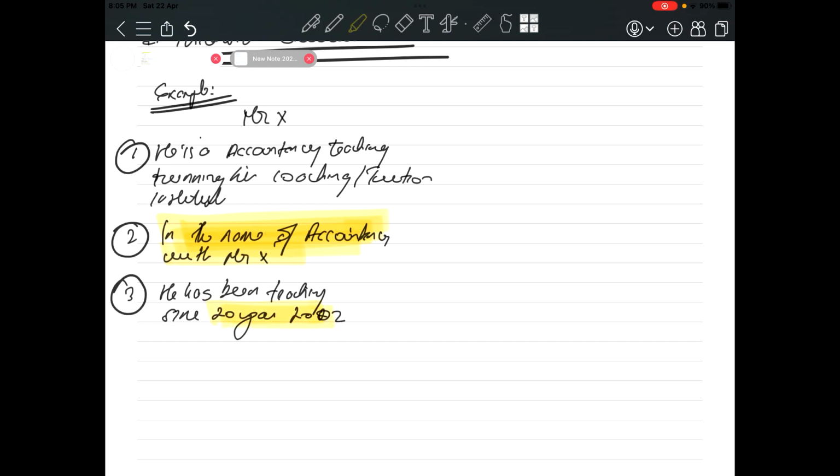So don't you think almost all the accountancy students, all the commerce students, will know Mr. X? If he's teaching in one area, for example in a capital city, let's take the example of Aizawl, don't you think all the commerce students will know him very well? Because he's been teaching for 20 years, he'll obviously have a good base of students, and he'll be a very good teacher, let's assume.